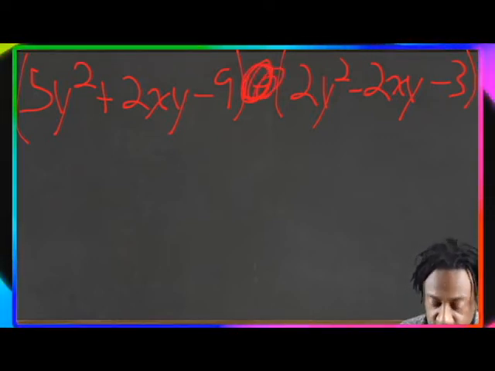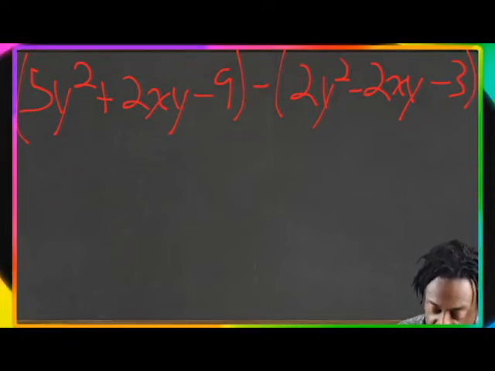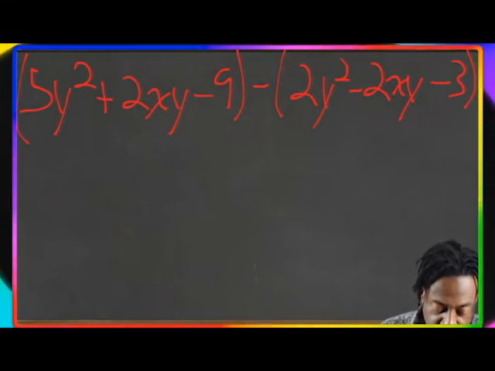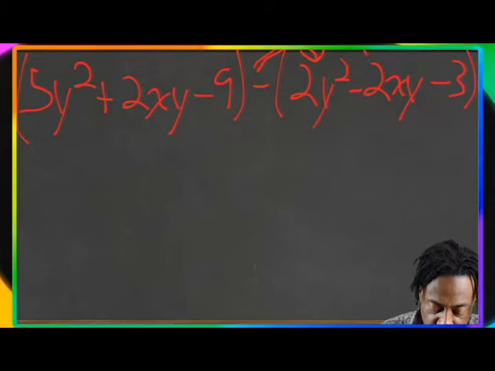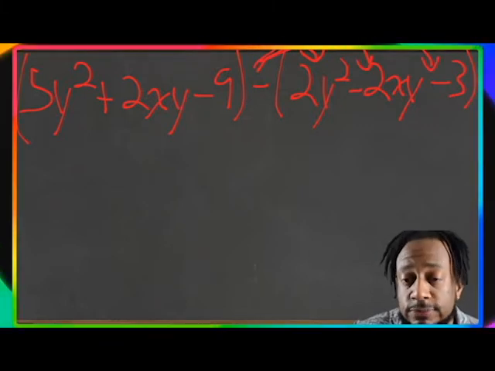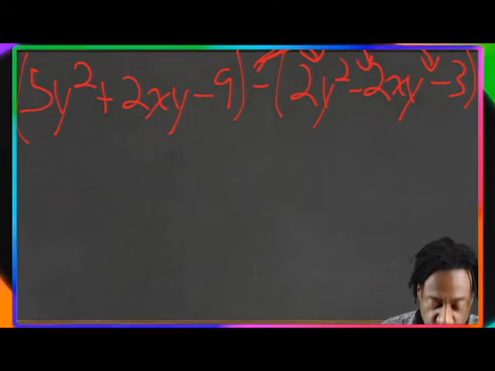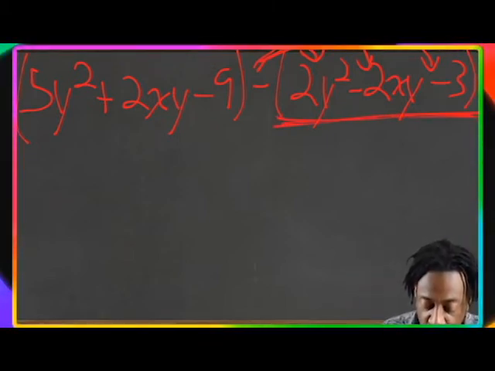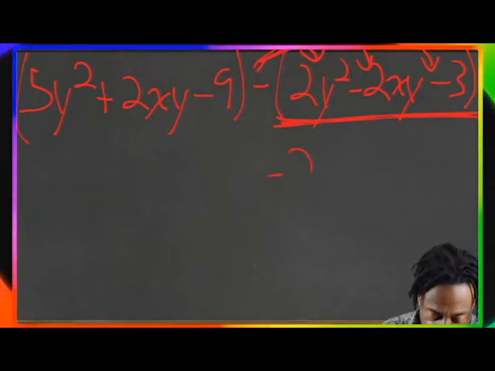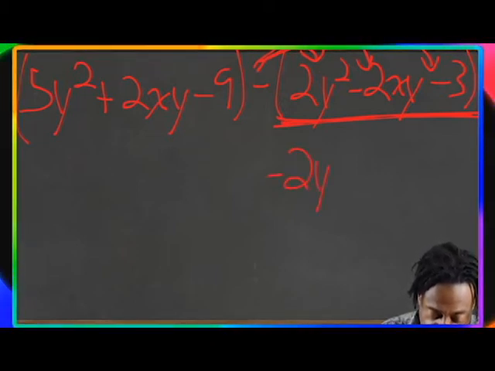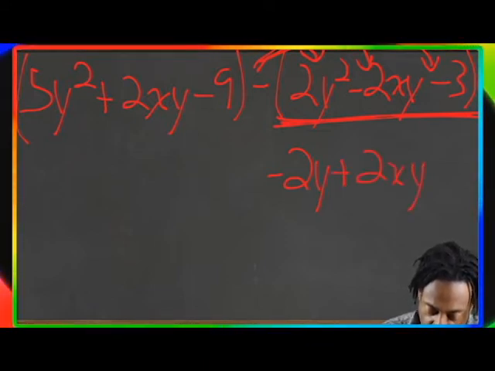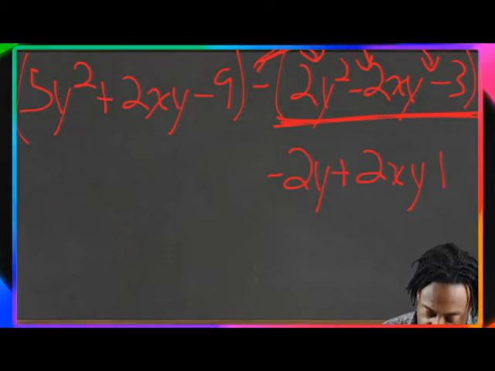Distribute this negative. Distribute means distribute this negative to each one of these. It's not that hard. All you got to do on this side of the equation is change the sign. So if it's positive, it changes to a negative. If it's negative, it changes to a positive. xy, 2xy. It changed to a positive 3.